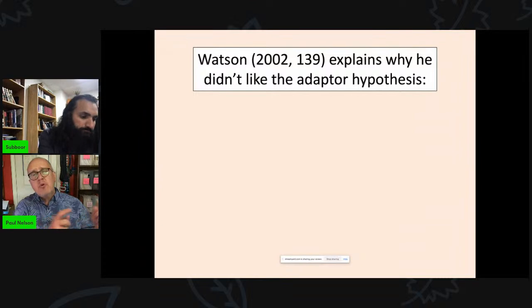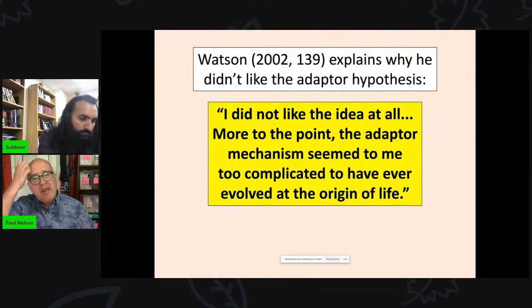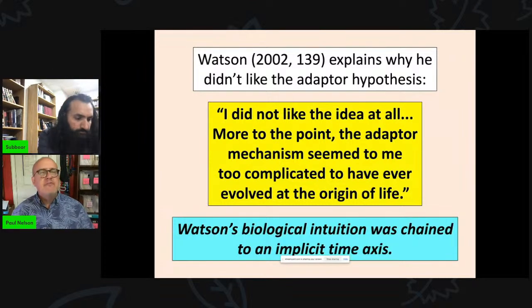Set aside the question of not enough data yet. Just on its merits, why would he say, I don't buy it? Did not like the idea at all, he says. The adapter mechanism seemed to me too complicated to have ever evolved at the origin of life.